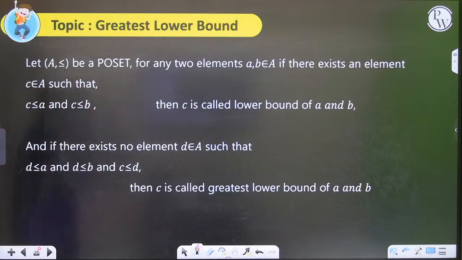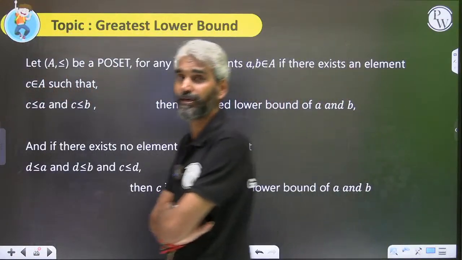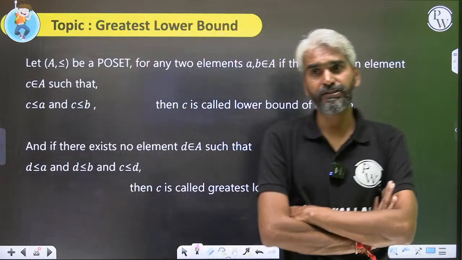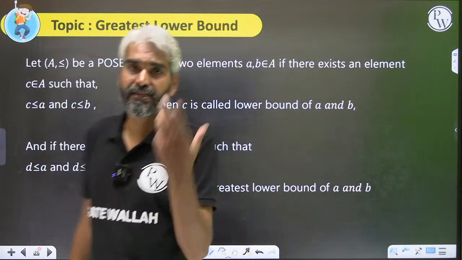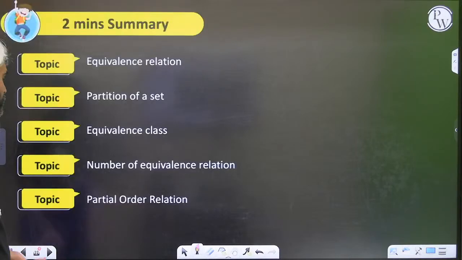These two terms are defined with respect to a partially ordered set. We'll understand these two terms and then discuss the concept of Hasse diagram or poset diagram. Hasse diagram is the name, but poset diagram because it is defined for partially ordered sets. That we'll discuss in tomorrow's class. That will be all for this particular session.